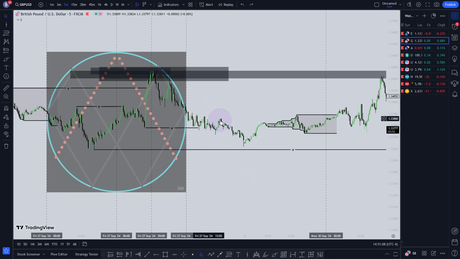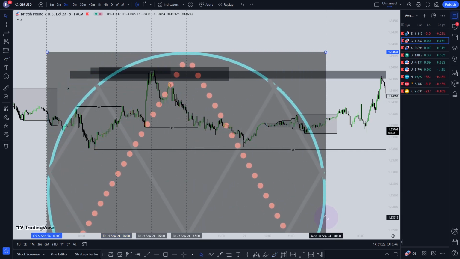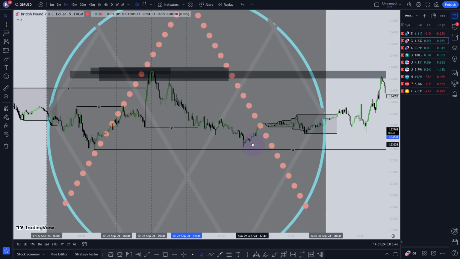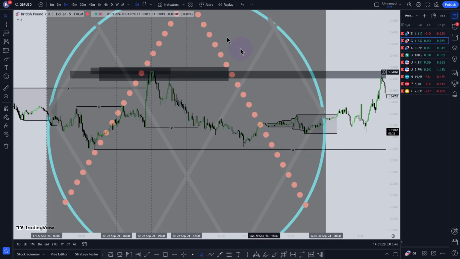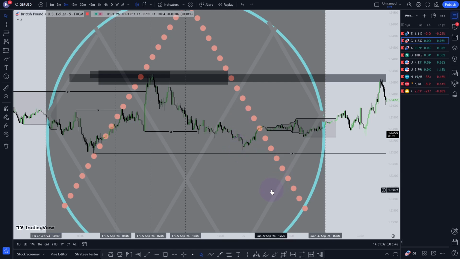Okay, so what can we see here? Price is touching right here all of the important zones, and also the 369 logo. We can confirm this even more by doing this from midnight to midnight. You know, it's not important because you will have 2 large zones, so it's really not important.